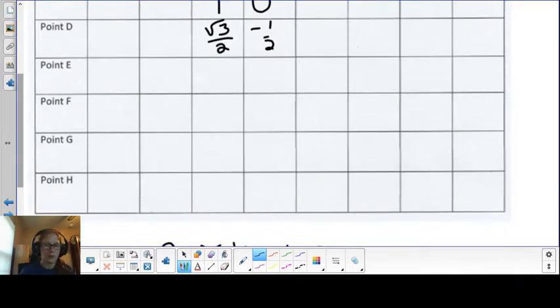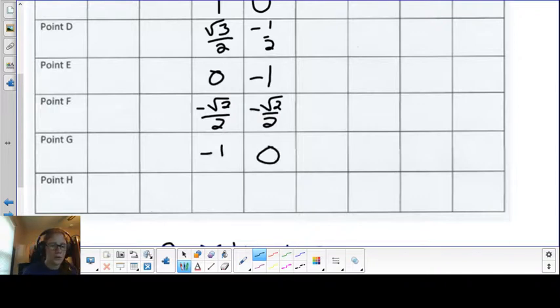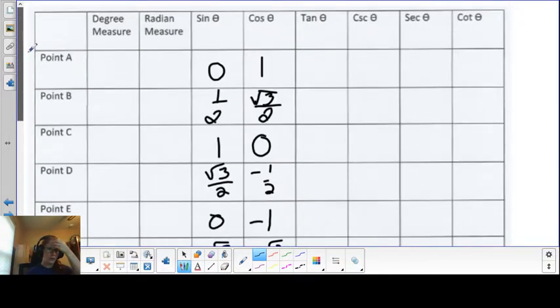Point E was -1, 0. F was my first 45-degree version angle. It wasn't actually 45 degrees, but it was an addition of 45 degrees. Point G was another main one, 0, -1. And H is 1/2, -√3/2. So those parts weren't actually too bad. All we had to do was take a look at what my points were and figure out which one goes where.